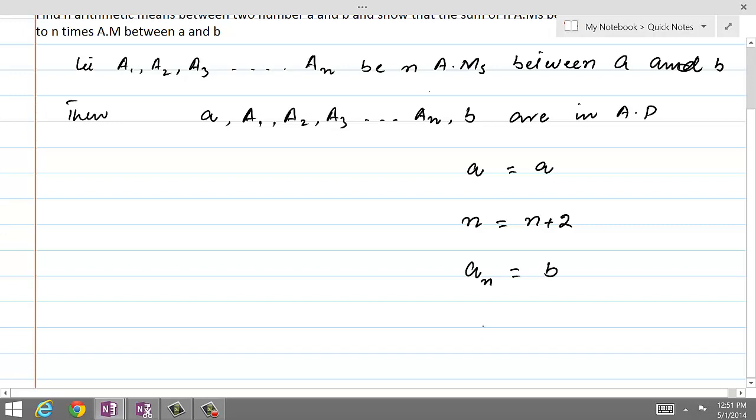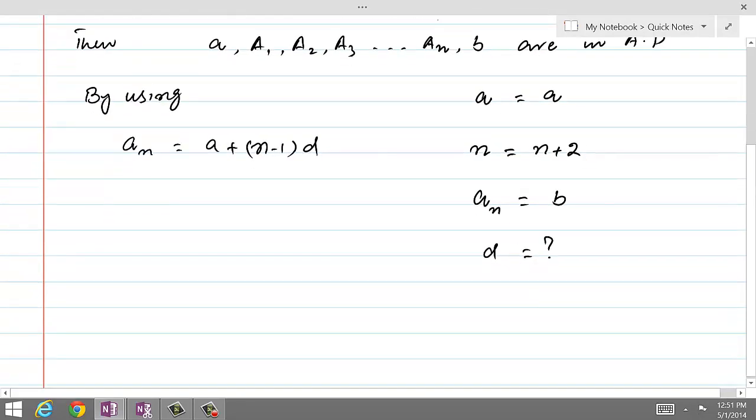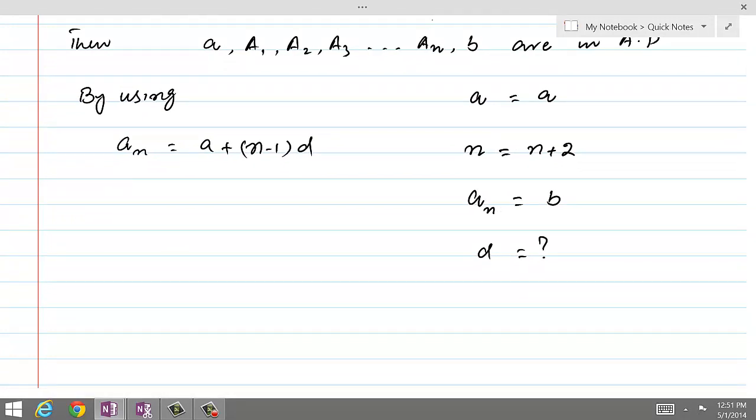We will find d by using the general formula for AP, an is equal to a plus n minus 1 into d.